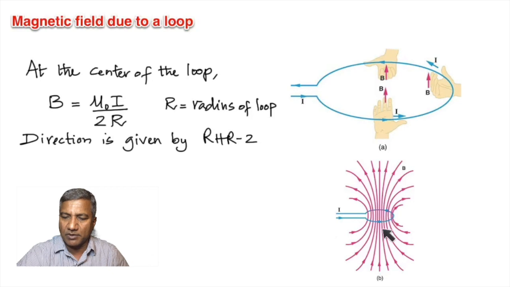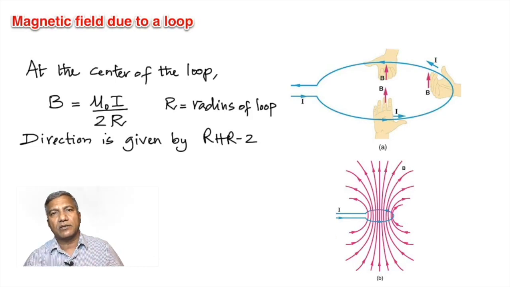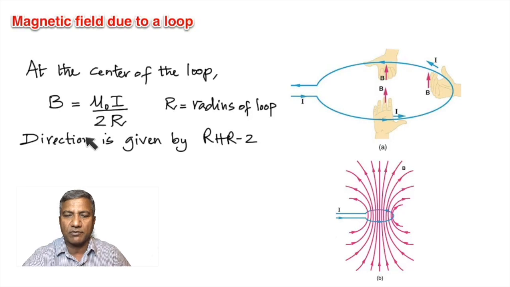So you can see a better picture here showing all the lines. All those lines are pointing from bottom to top. And the magnitude of the magnetic field is now given by the formula B equals mu naught I by 2R, where I is the current and R is the radius of the loop.